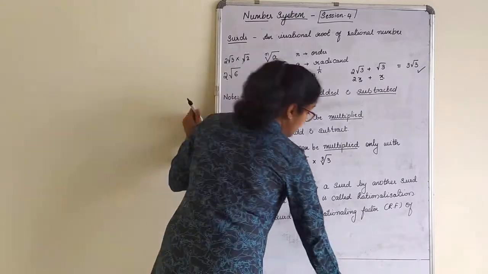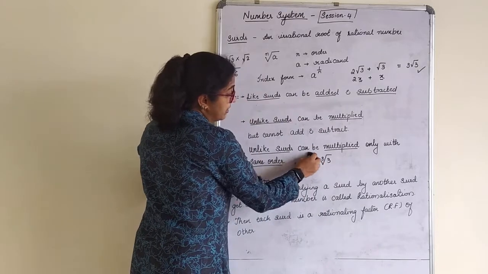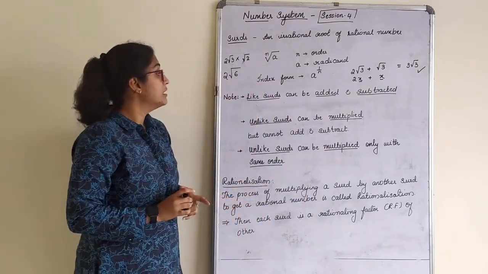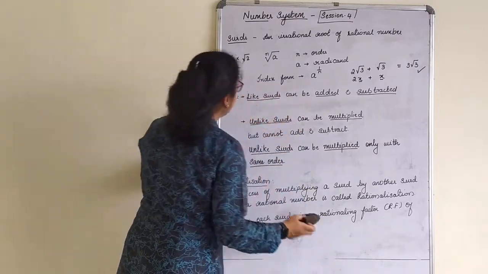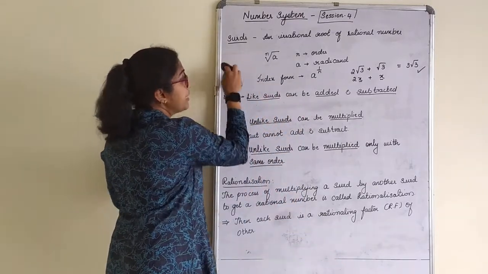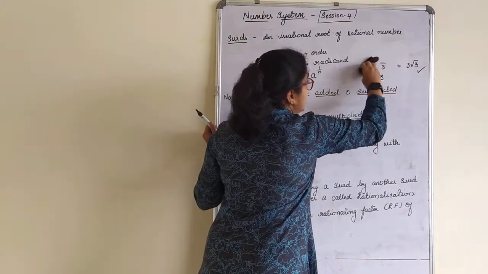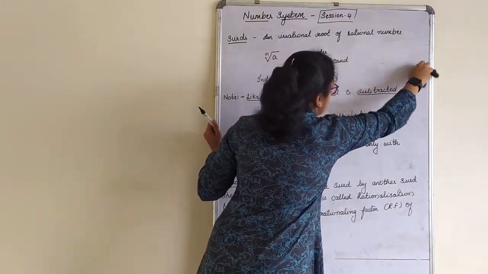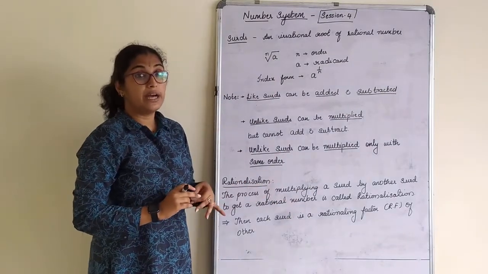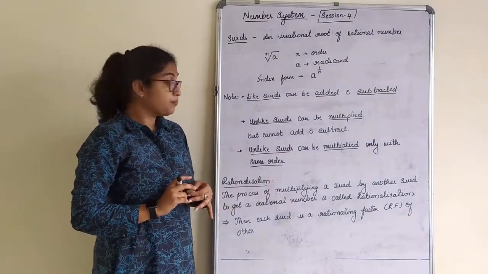These different sums are not in your textbook, but they are asked sometimes. These examples are not required; this is only for your information to understand what like and unlike surds are, wherein we are anyway going to solve the exercise where you have details about these things.